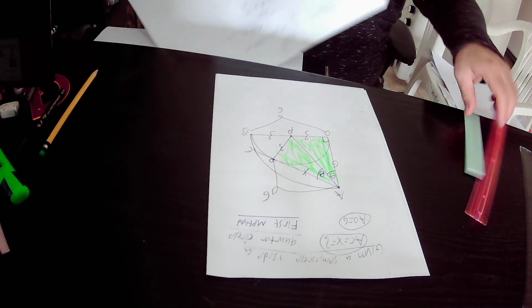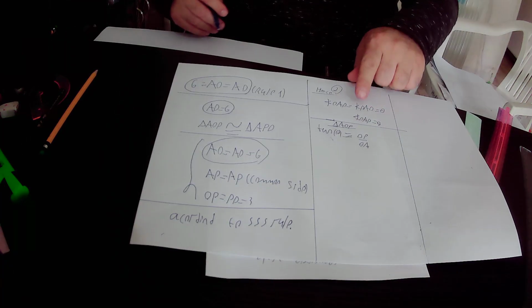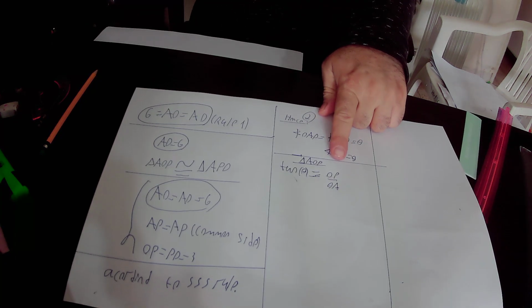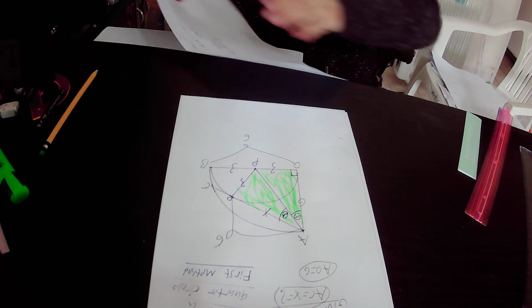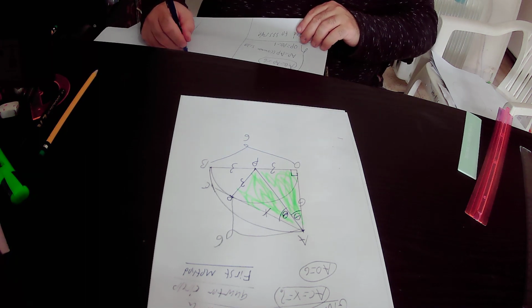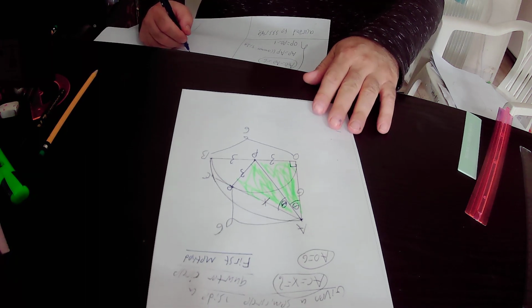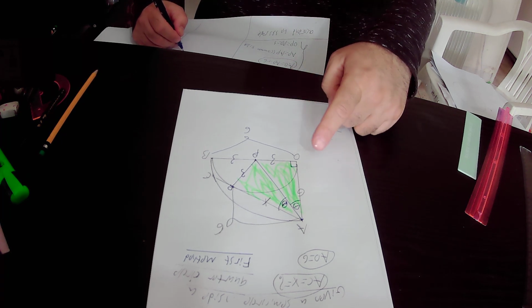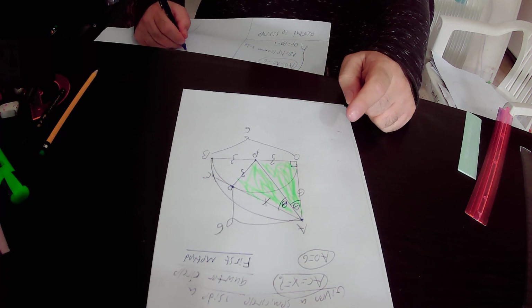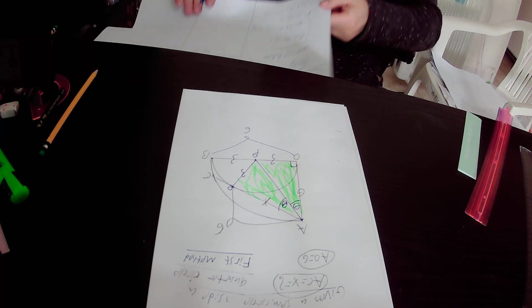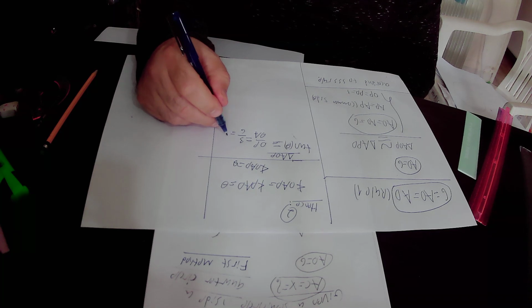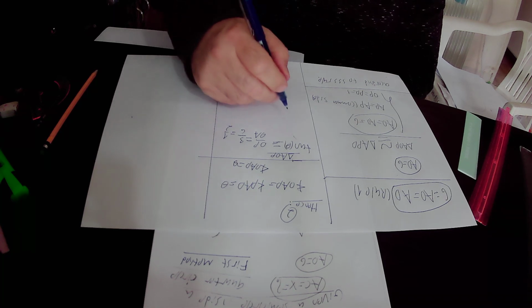I will repeat again. In the right triangle AOP, tangent theta equals OP over OA. Here OP equals 3 units and OA equals 6 units. So in conclusion, tangent theta equals 3 over 6, that is actually 1/2. Tangent theta equals 1/2.